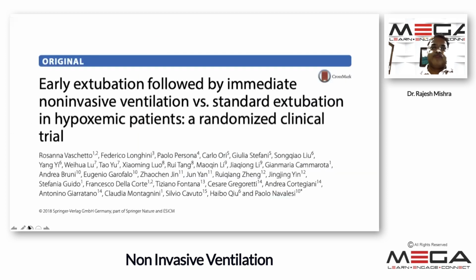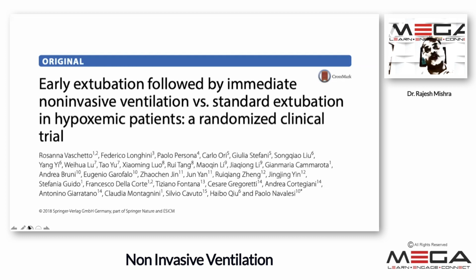Early extubation followed by immediate non-invasive ventilation in hypoxic failure. As I told you, all those patients of moderate respiratory failure who are borderline, but who are alert and conscious, whose oxygenation and disease process improved, to avoid excessive invasive ventilation and associated complications.